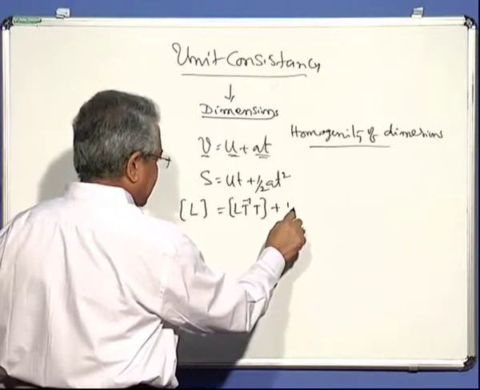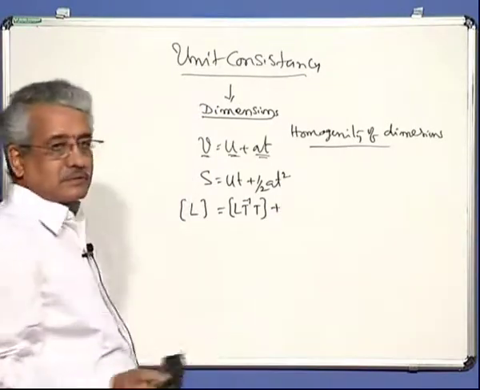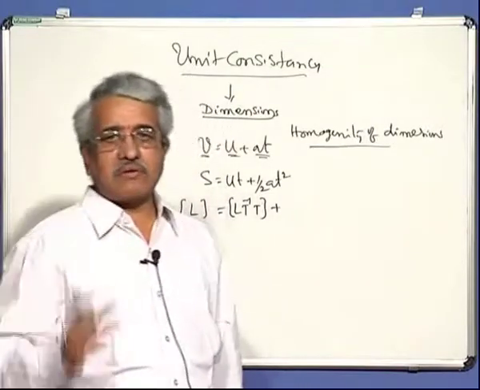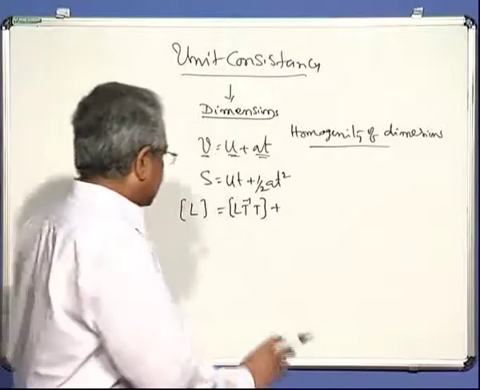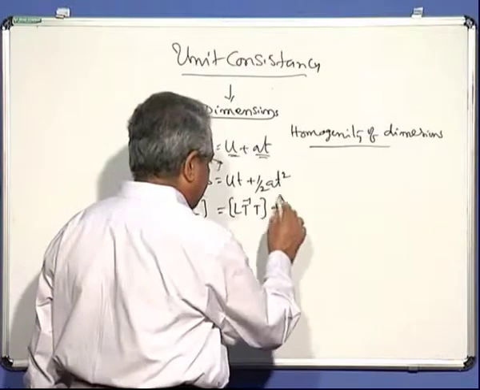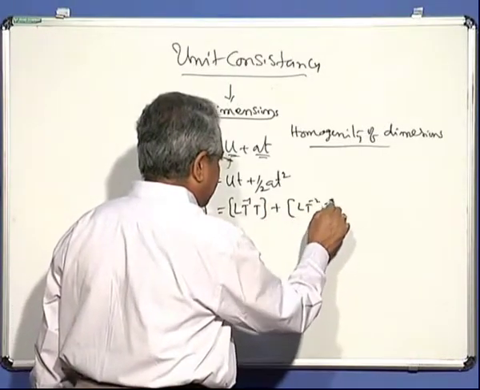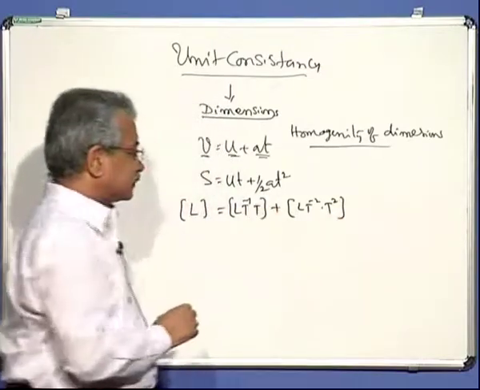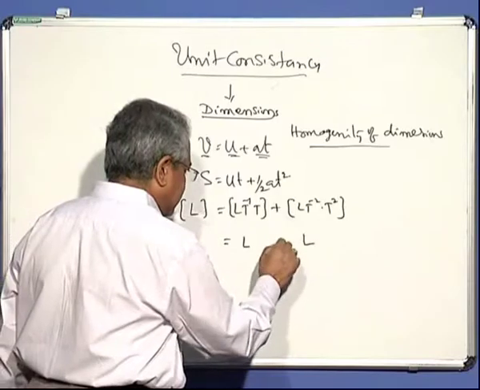The other term has half. Half is a numerical figure. Only physical quantities have dimensions. The numerical figures do not have dimensions. Therefore, there is no dimension for half. Dimension is there only for this one. So that is LT minus 2 and t square for time here. So you see this is also L, this is also L.